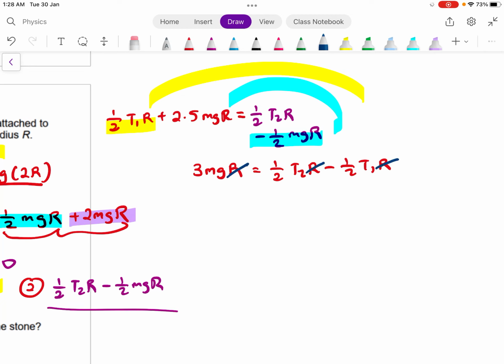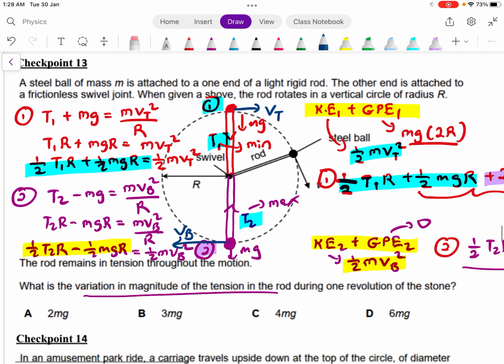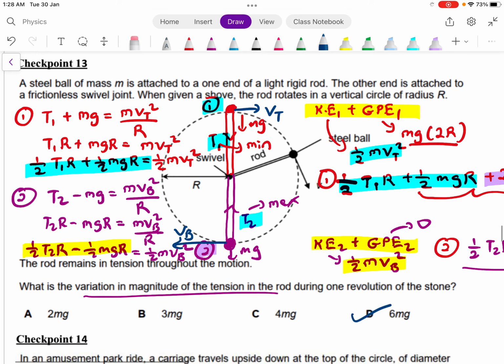After that, you times 2 throughout the equation. So 6 mg equals, half times 2 is just 1, T2 minus T1. You can see T2 minus T1 is tension 2 minus tension 1, which is as good as saying the maximum tension minus the minimum tension. So this gives you 6 mg. So the answer for this is actually D. Okay, so that was my mistake.